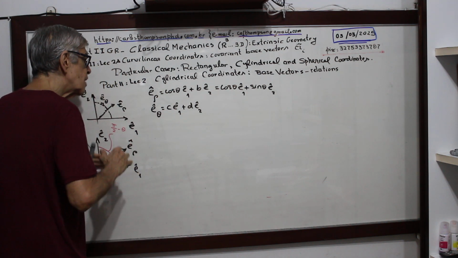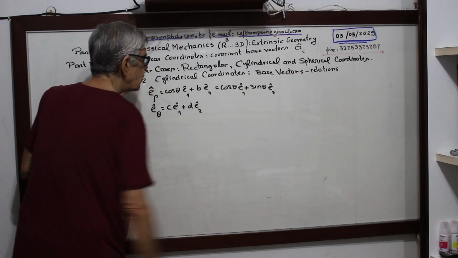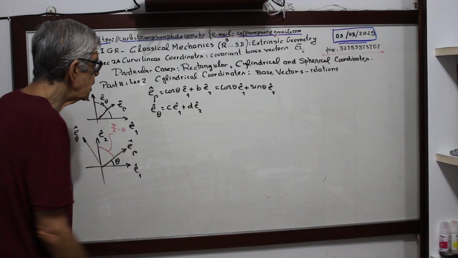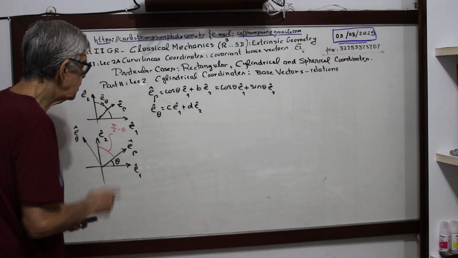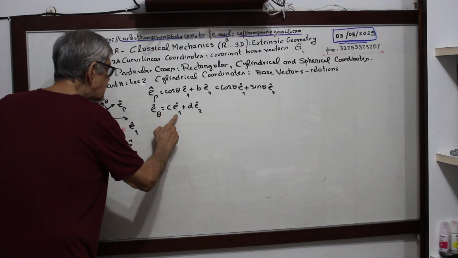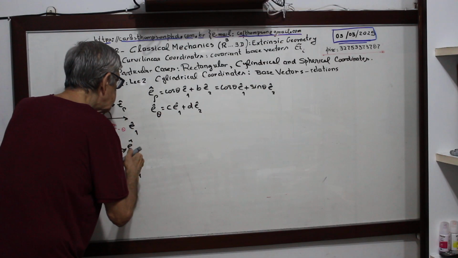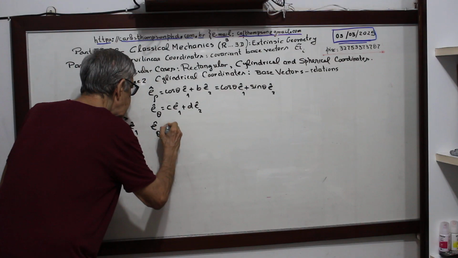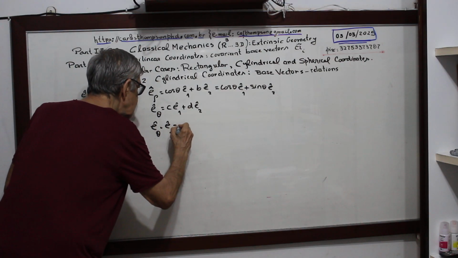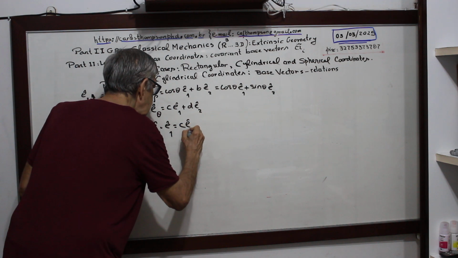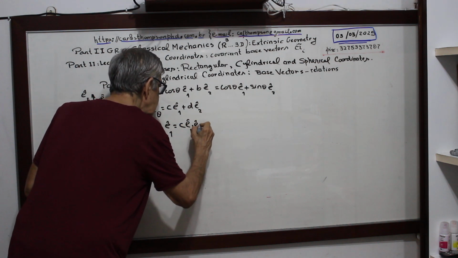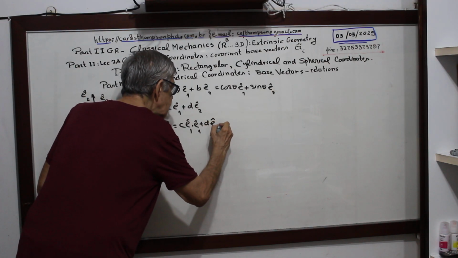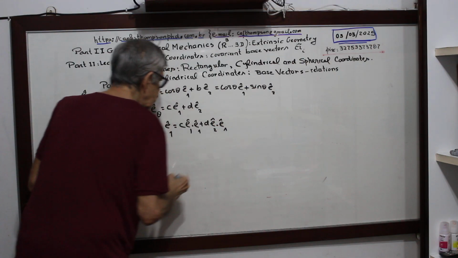The same is analogous to what I did for, in this case, A and B, okay? Now, you see, I want C, so I multiply the same, dot E1 is equal C E1 dot E1 plus D E2 dot E1.